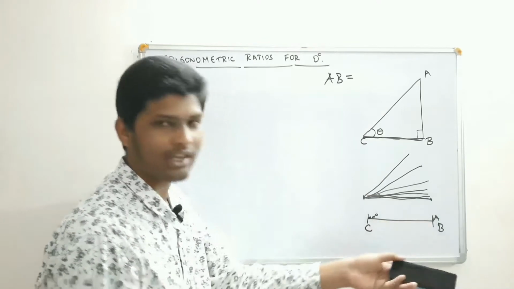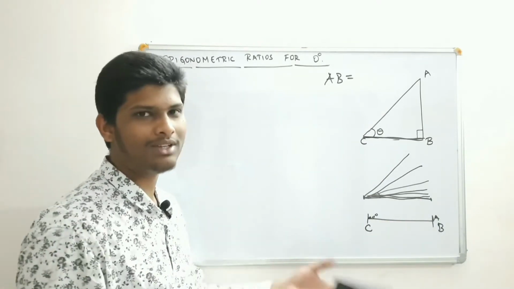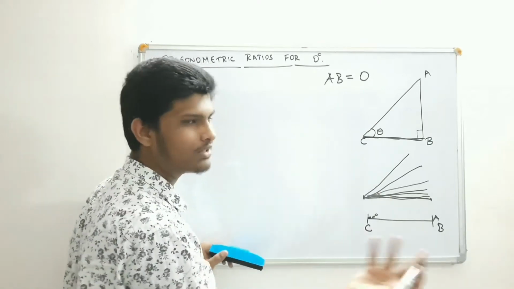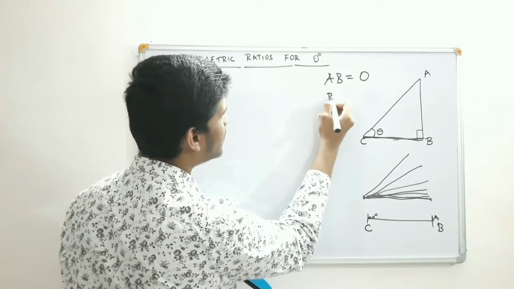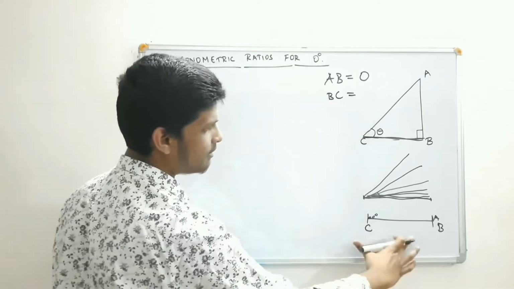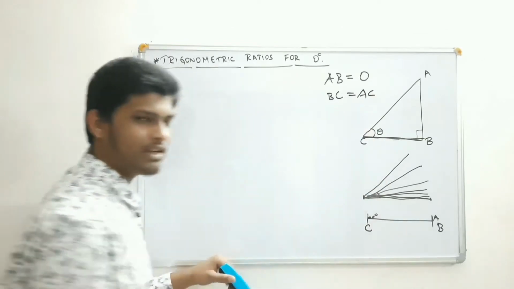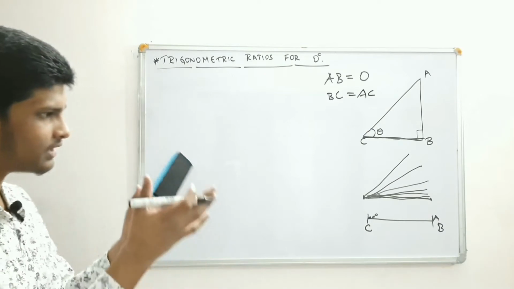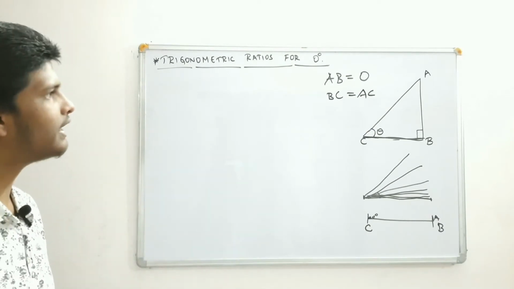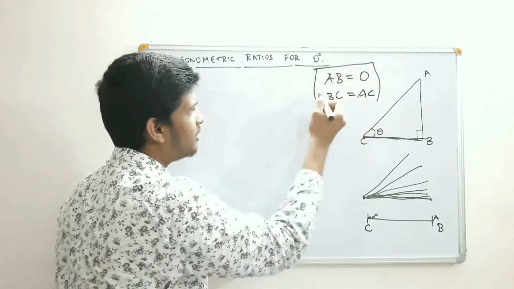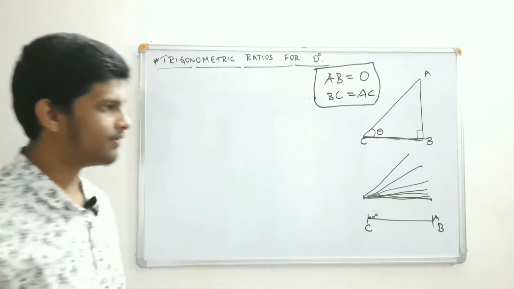AB is 0, because those points are the same, 0 units. And BC is the same as AC, so the hypotenuse is equal to BC. Here there is no real hypotenuse because it's a single straight line.